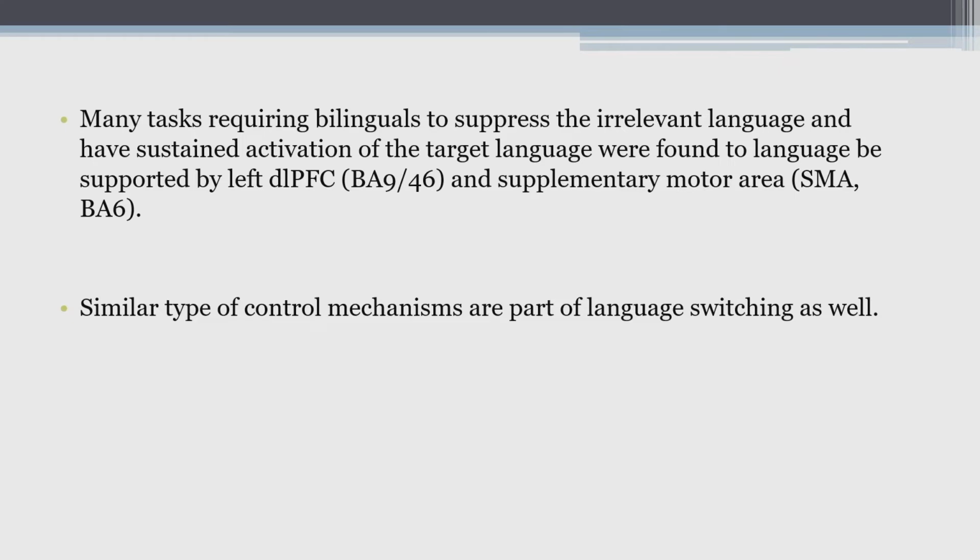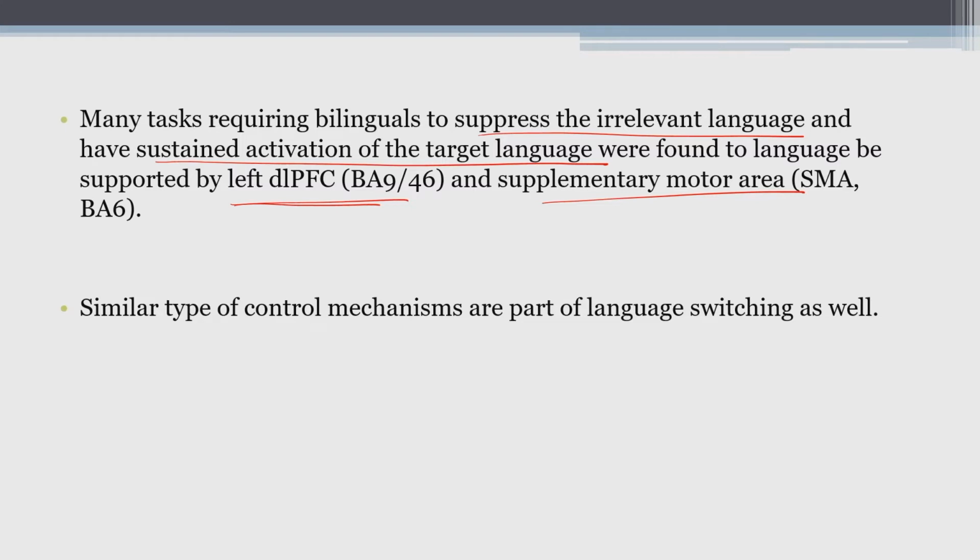In all these different kinds of studies, what we find is that suppressing the irrelevant language and sustained activation of the target language are controlled by, or at least supported by, the left DLPFC as well as the supplementary motor area.